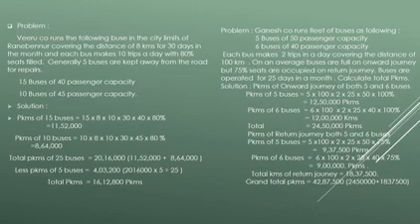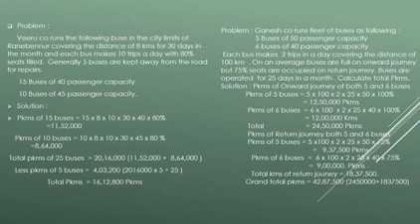Dear students, today we shall discuss some more problems on operating costing, calculating passenger kilometers. The problem is: Viru company runs the following buses in the city limits of Ranemunur, covering the distance of 8 kilometers for 30 days in the month, and each bus makes 10 trips a day with 80% seats filled.